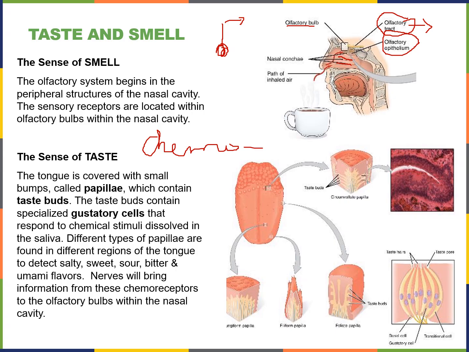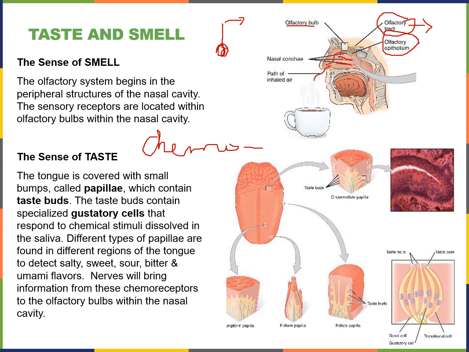Mucus is that slimy stuff that you might think is kind of icky, but it actually has a purpose. It helps to keep the epithelium of the nasal passages moist, and the odor molecules have to be dissolved in the mucus in order for us to smell. So both taste and smell use chemoreceptors.